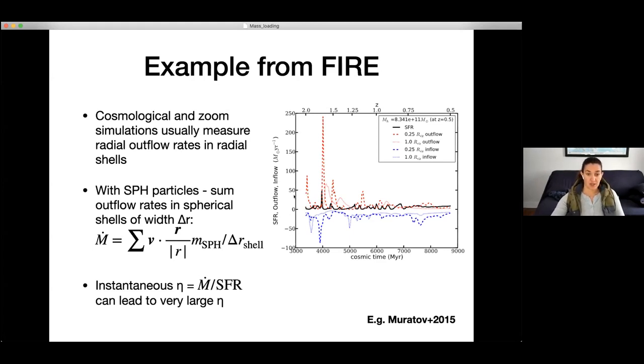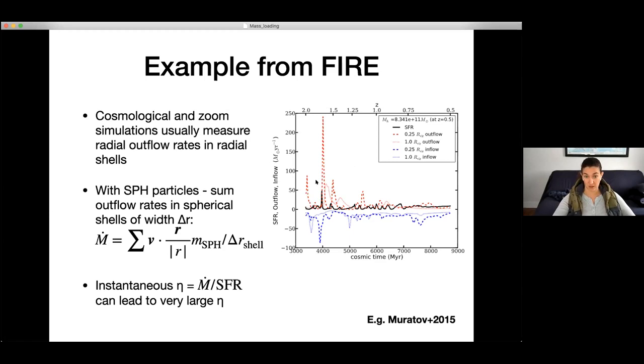It's worth noting this is a plot on the right of the outflow rate measured this way at 1/4 of the virial radius, that's the red dashed line, and at the virial radius, that's the less dashed line. These values can be very high, and if you are going to measure an instantaneous mass loading rate from the simulation, here the black line is the star formation rate, actually scaled up by a factor of 10, you can get huge numbers.